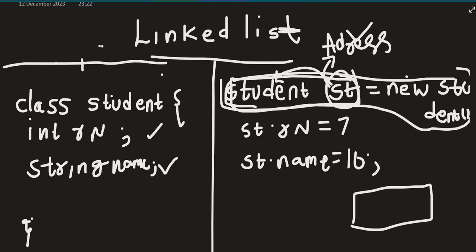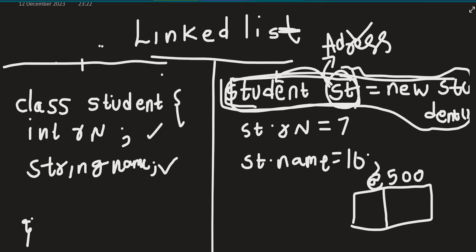After executing this statement, what happens internally? First it locates an address, suppose 500, and creates a new memory. After creating the new memory, how can I initialize these objects?